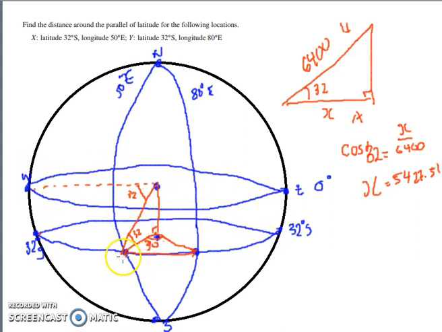Then we want the arc length from there to there. So we're using the arc length formula. Pi times radius times degrees over 180, something like that. Put in your information.